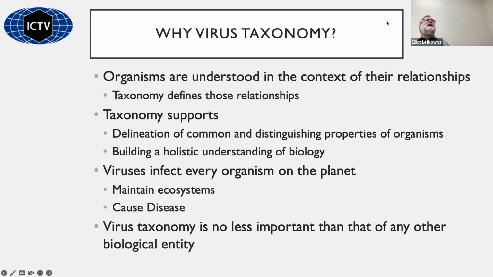Okay, but why do we spend so much effort determining the viral taxonomy? So taxonomy in general, and certainly virus taxonomy, allows us to understand biological organisms according to their relationships with one another. So for an example, we can look at a gene in mice. In mice, someone has done functional studies and you know what that gene does.